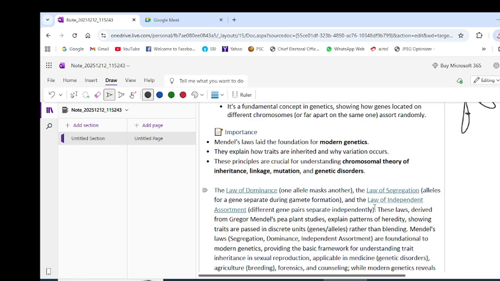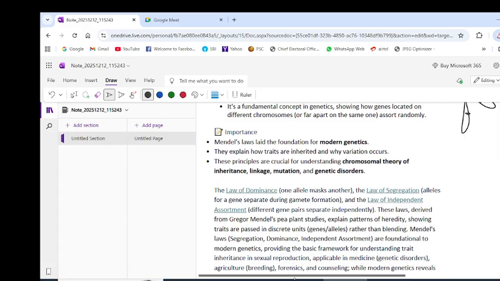So we studied the law of dominance, that is one allele masks another, the law of segregation, that is alleles for a gene separate during the gamete formation, and the law of independent assortment, that means different gene pairs separate independently. Okay, so these are the basic concepts of the laws of inheritance.